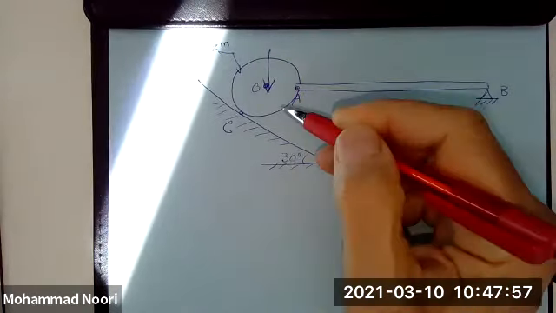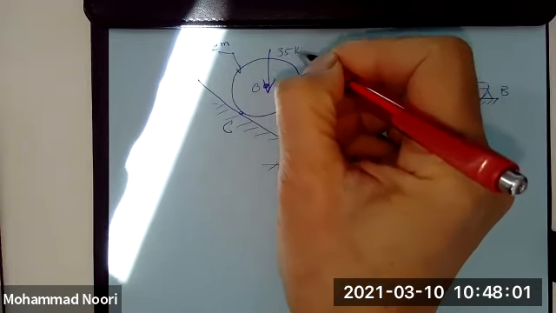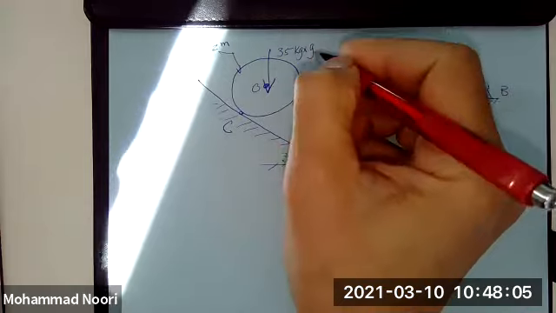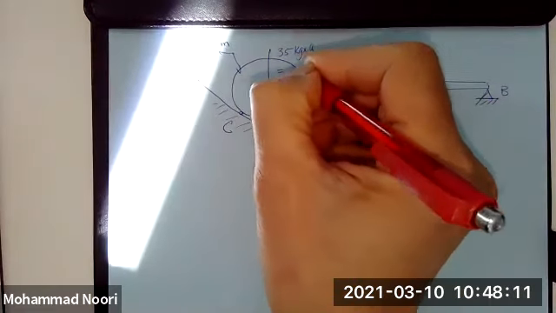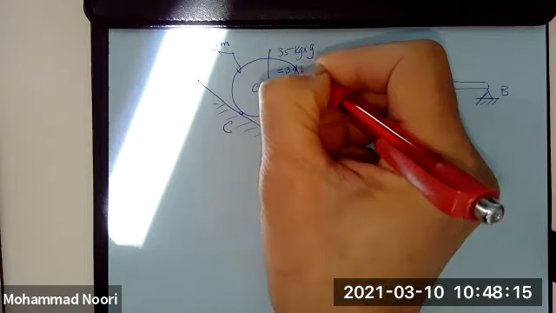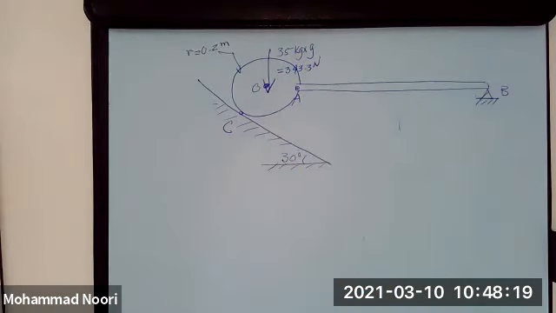The mass is given as 35 kilograms, times g, gravitational acceleration, about 9.81 meters per second squared, which means the weight would be 343.3 Newtons.